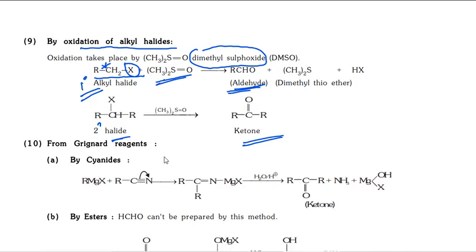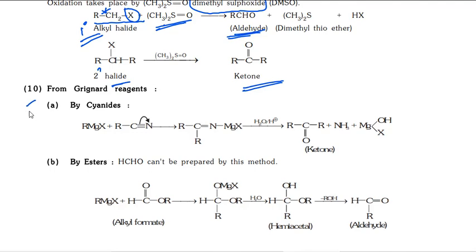Next, from Grignard reagent. What is Grignard reagent? RMgX is the Grignard reagent. In this RMgX, R is minus, MgX is plus. This Grignard reagent reacts with cyanides. In the cyanide, nitrogen is minus, carbon is plus.